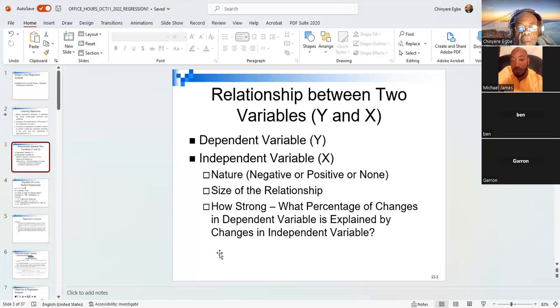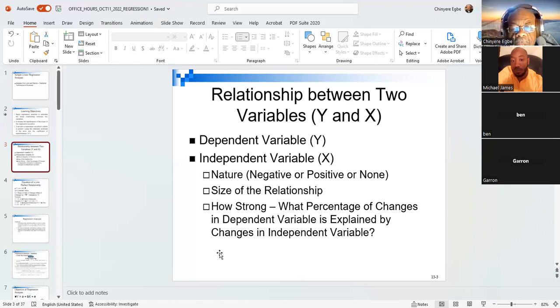All right. So after we determine or estimate the nature of the relationship, is it positive, is it negative, or do we conclude that it's not, which we will talk about how we do that, we also then talk about the size or the magnitude of the relationship.